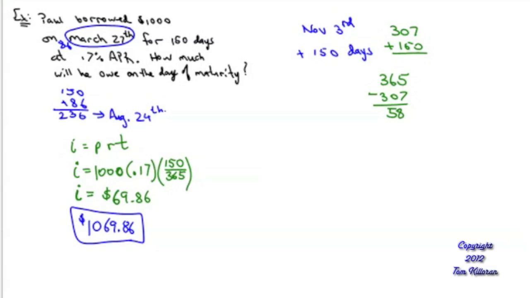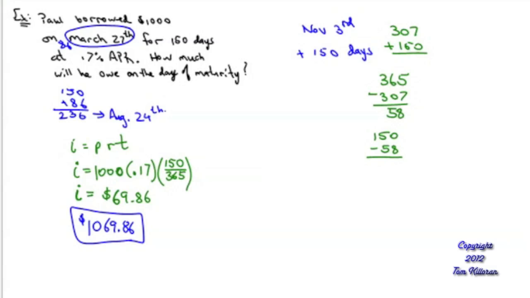From November 3rd, there are 58 days left in the year. So we already used up 58 days of 150. So we do 150 minus 58.